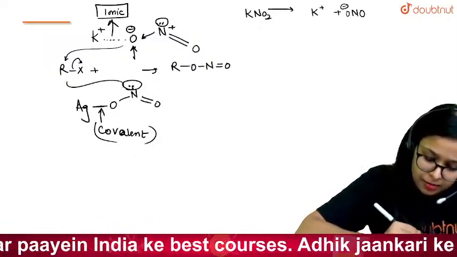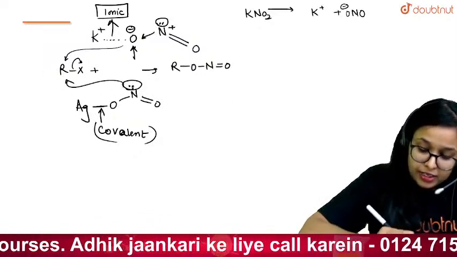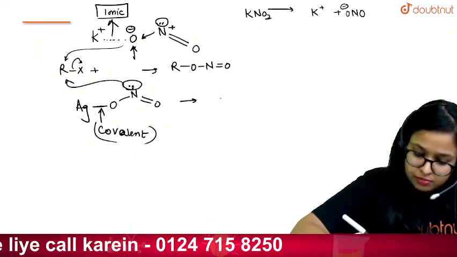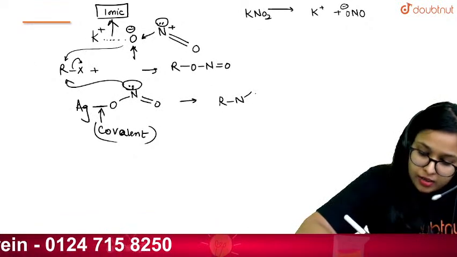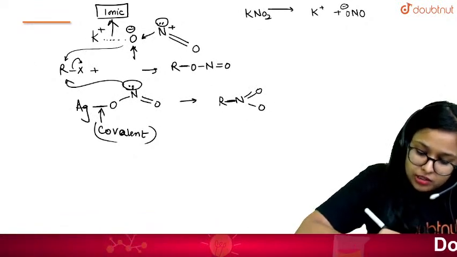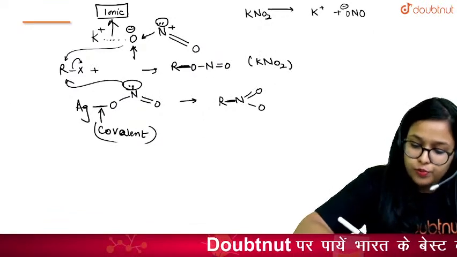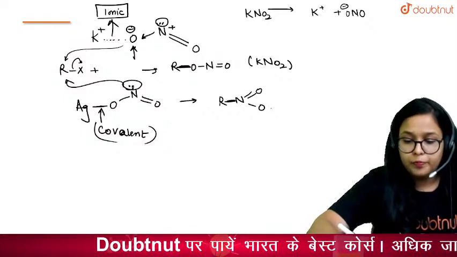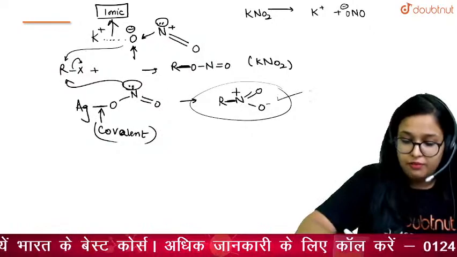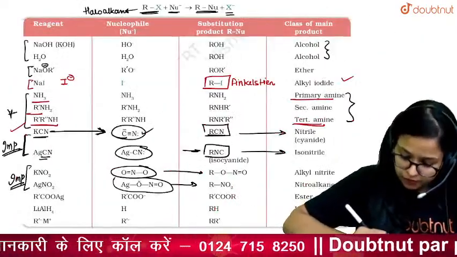Now if our AgNO2 wants to attack the haloalkane, it is the nitrogen lone pair that attacks R and removes X in the form of X minus, and the bond formed is between R and N. So the donor atom here is nitrogen. Earlier with KNO2 it was oxygen and RONO was formed, and in this case RNO2 is formed, which is the final product when we react AgNO2 with RX. I hope you have understood.